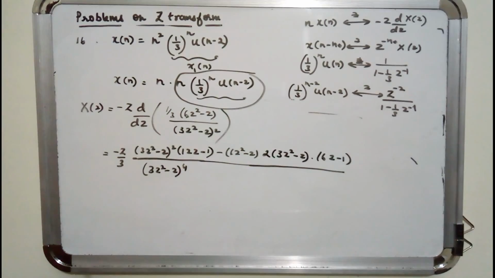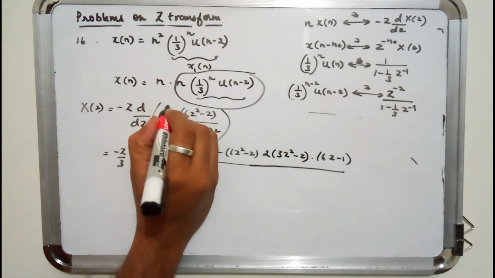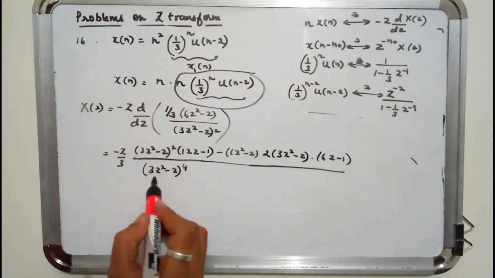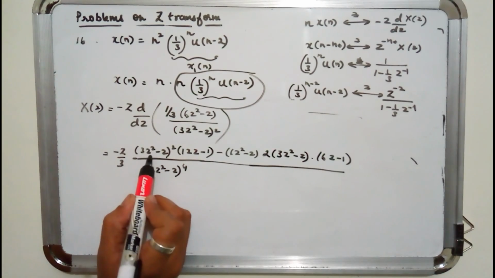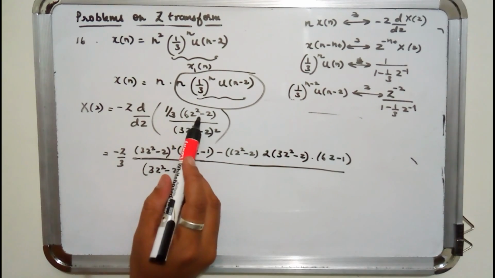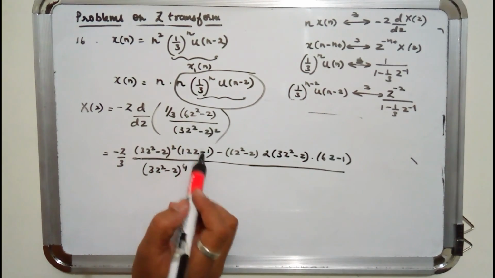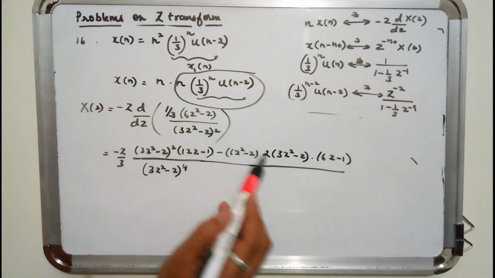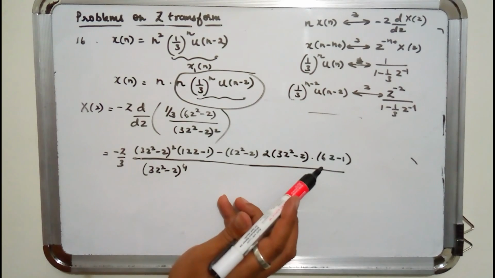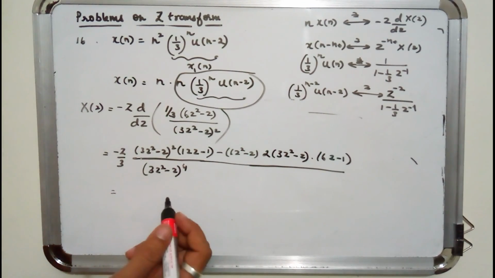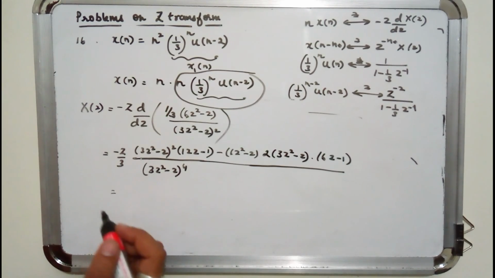I think you are familiar with u by v differentiation. In the numerator I will get the denominator into differentiation of the numerator 12z minus 1, minus numerator into differentiation of the denominator, it is square, so 2 into this, minus 6z minus 1.